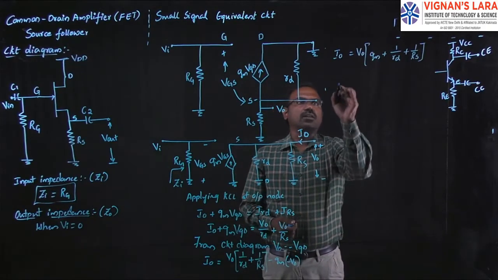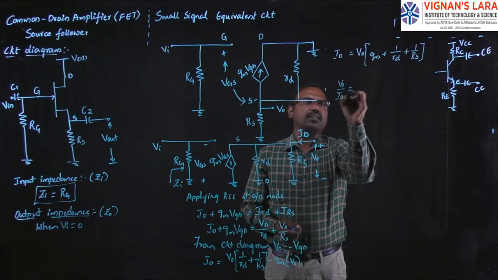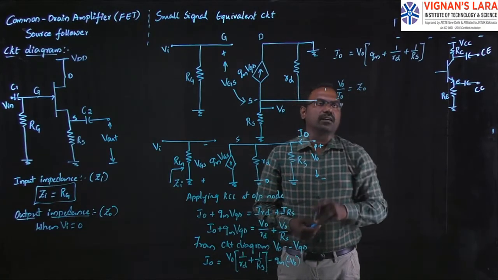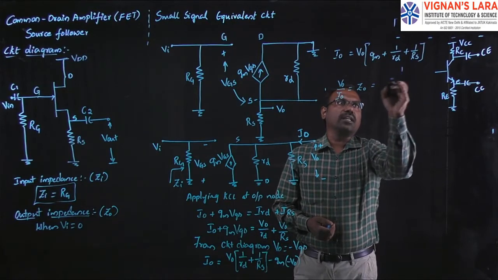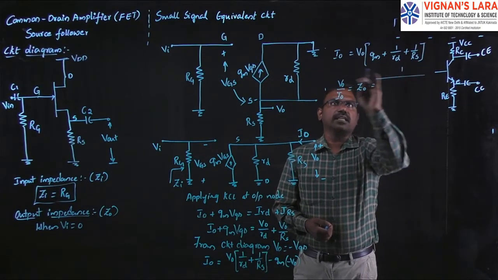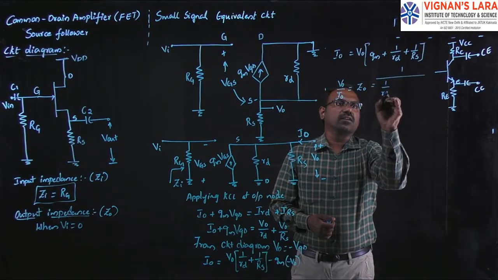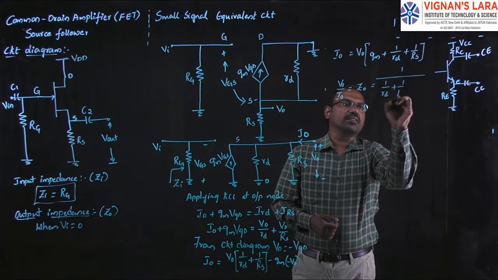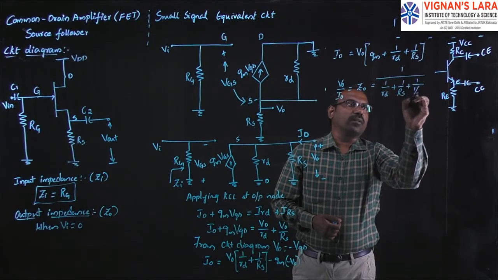Right, so now I am writing the output impedance V0 by I0 is equal to Z0, which is equal to 1 divided by, take this to this side. I will modify this equation as 1 by Rd plus 1 by Rs plus 1 by gm.